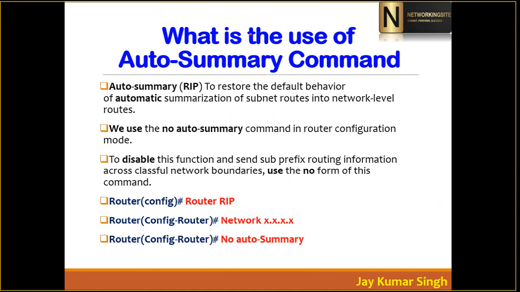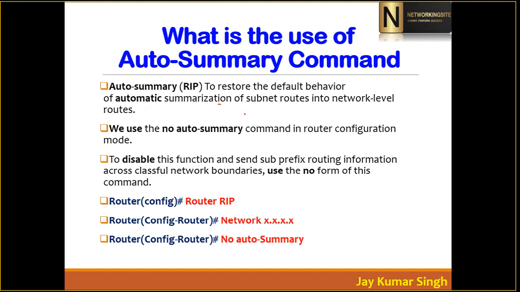Now you can see what the use of auto summary is. As I told you, auto summary in RIP restores the default behavior of automatic summarization of subnet routes into a network-level route. It means if auto summary is there, it will summarize automatically to the default.